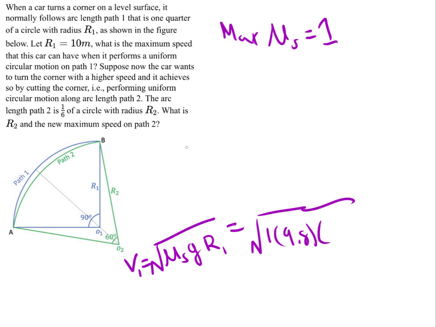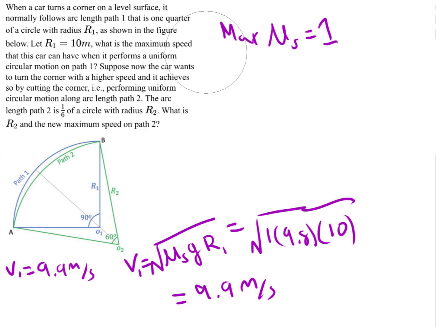And r1, the radius, is going to be equal to 10 meters. So if you evaluate this, you should get that it is about 9.9 meters per second. So v1 is about 9.9 meters per second. The maximum velocity in the first scenario is 9.9 meters per second. And I'm going to write this equation down.